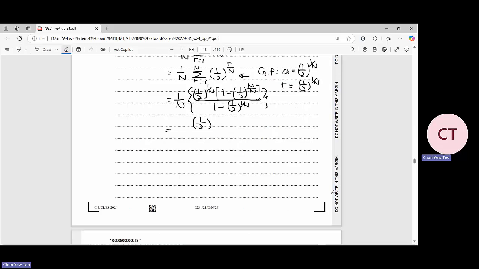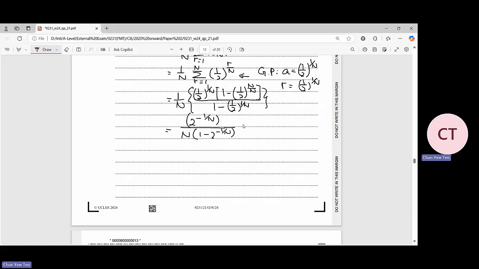The base over here is 2, not half. So I will make this become 2 power negative 1. Okay, so over here I will write it as 2 power negative 1 over n divided by n, then 1 minus 2 power negative half. Okay, like this.